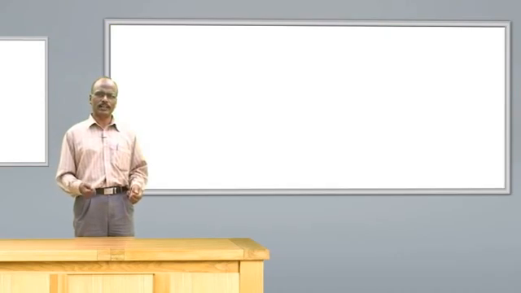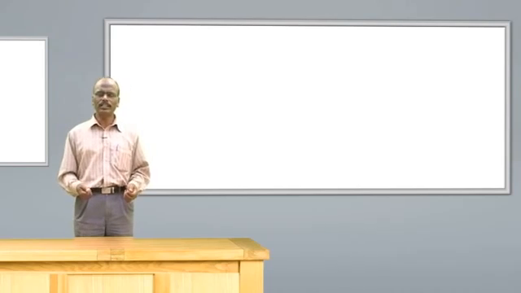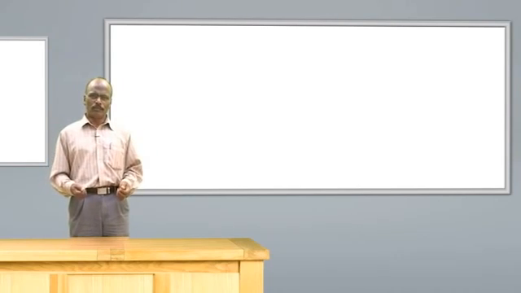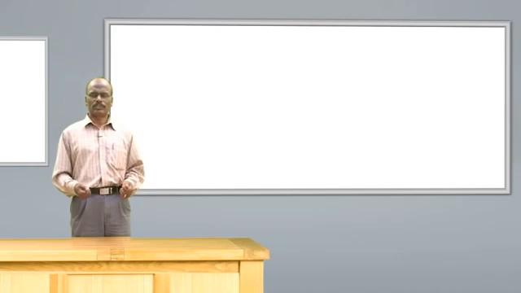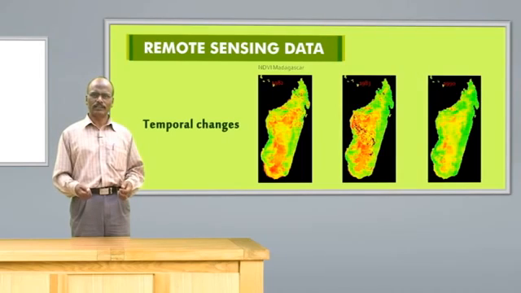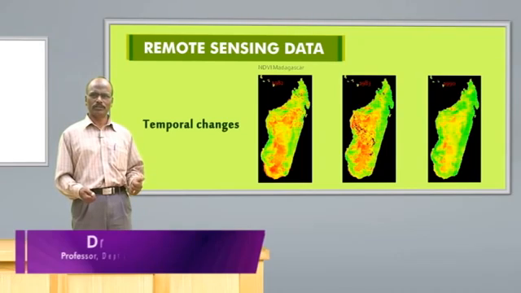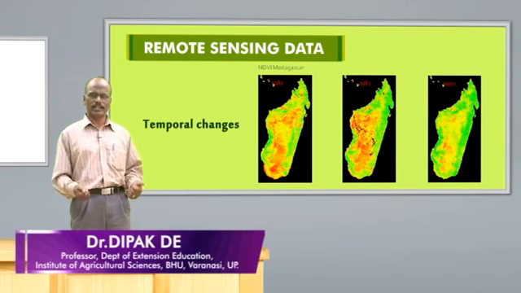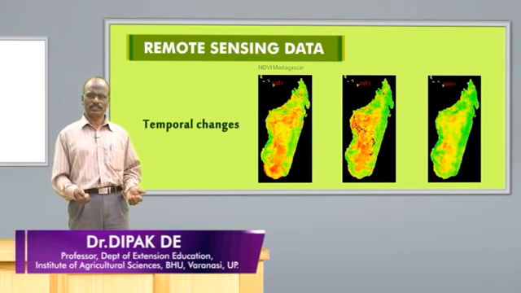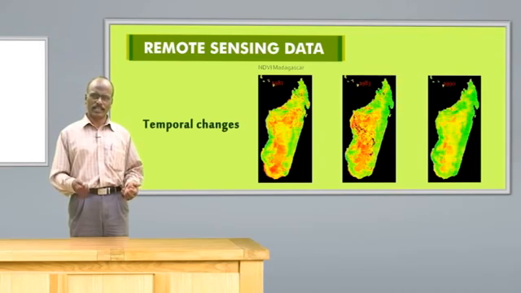The fourth approach is to study the temporal changes in a given area. In this picture, we see three different depictions of the same area taken during three different years, that is 1982, 1983 and 1990. Here what is depicted is NDVI value, that means the amount of green biomass that is present in this area.